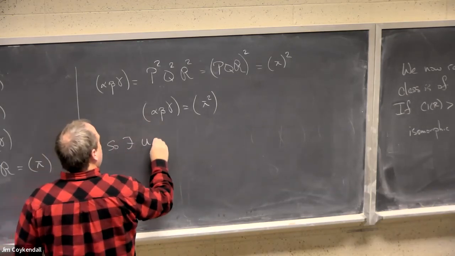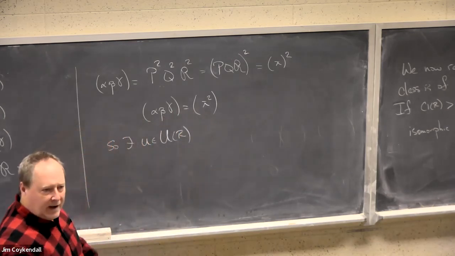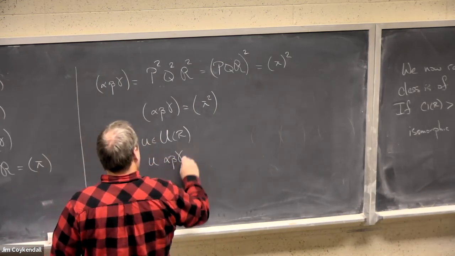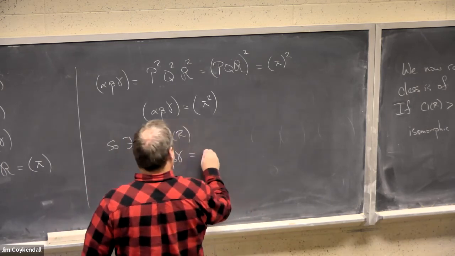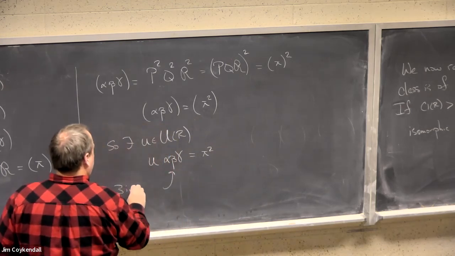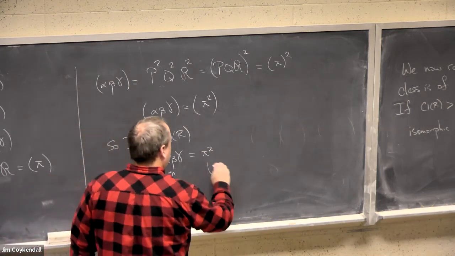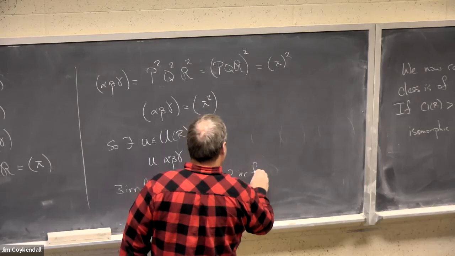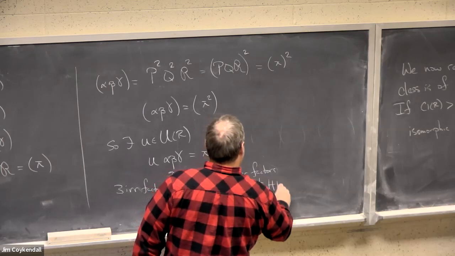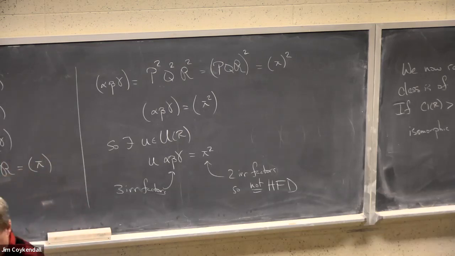So there exists a unit in the ring, and these two generators need to be associates. So this side has three irreducible factors, and this side has two irreducible factors. So not possible. And that completes the proof.